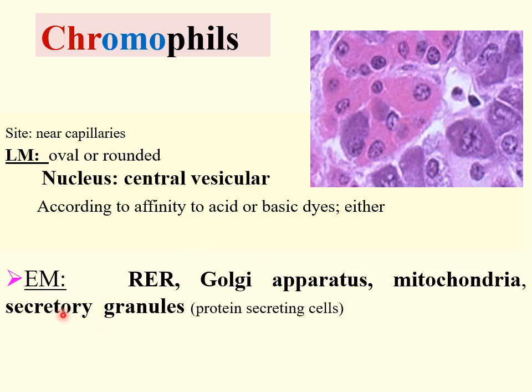By electron microscope, these cells take the picture of protein secreting cells, as the hormones are protein in nature. They contain well-developed rough endoplasmic reticulum, well-developed Golgi apparatus, mitochondria, and secretory granules.